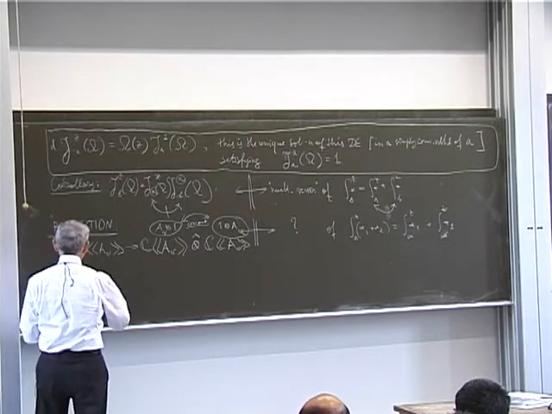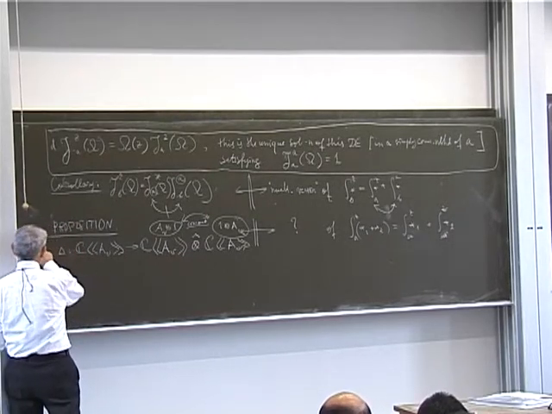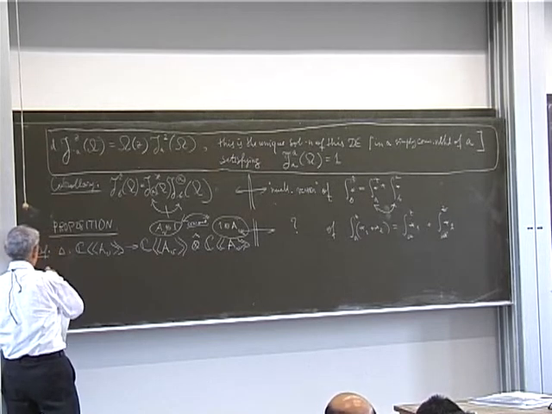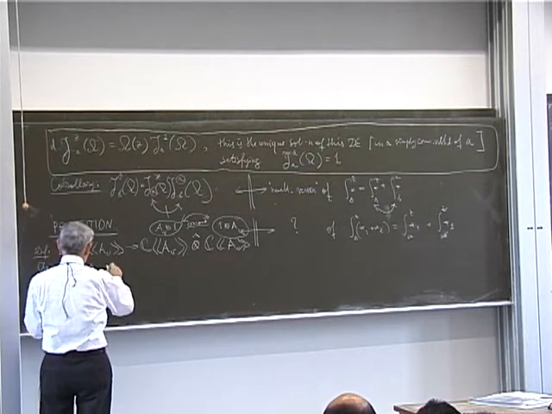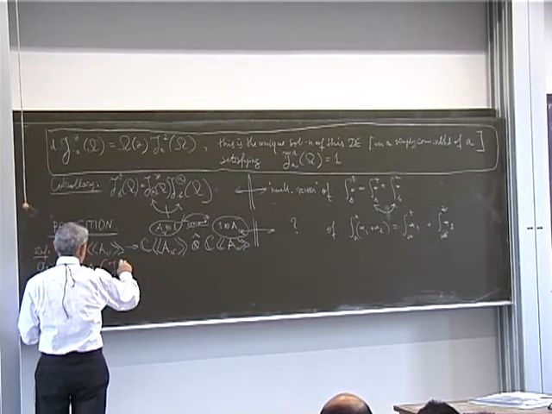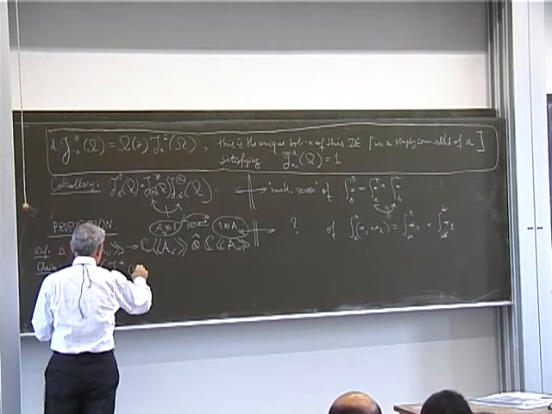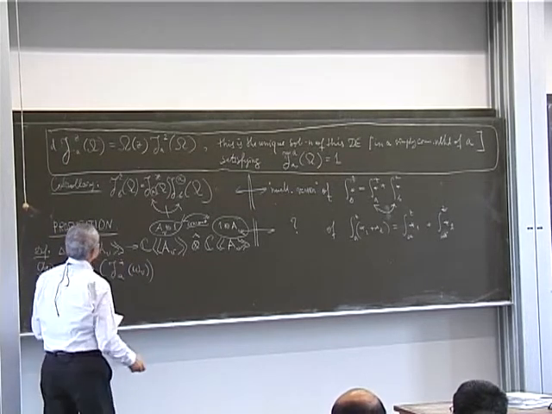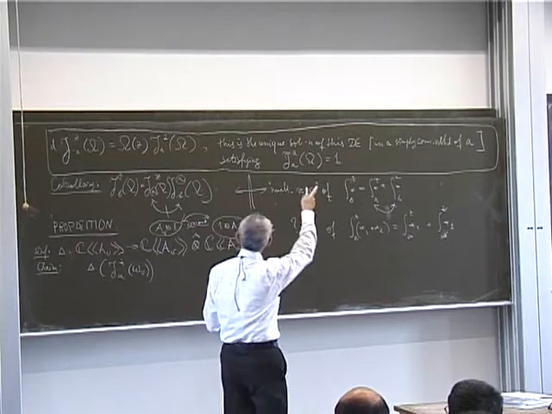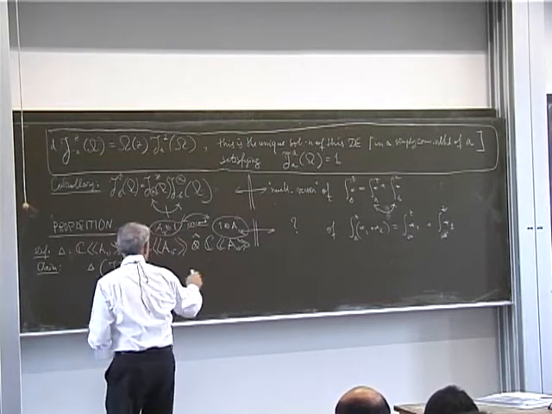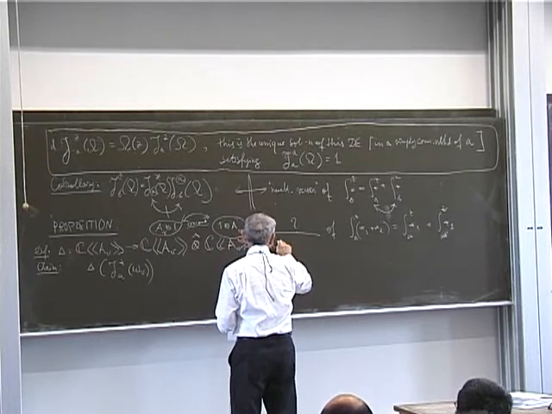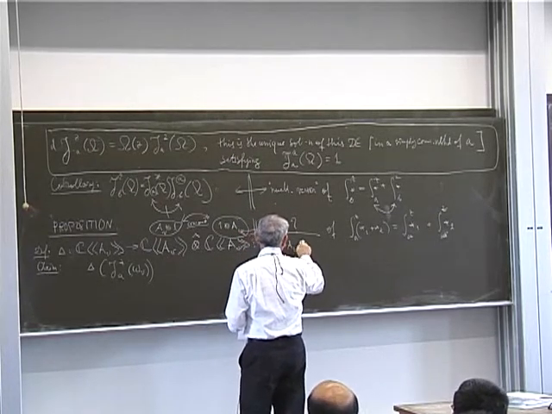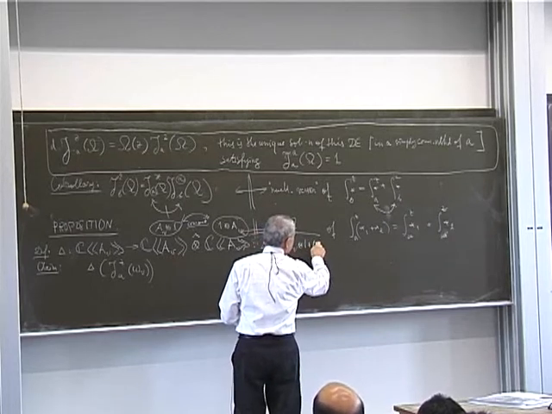And then, this is a part of a proposition which is a definition, and then the claim is that if I apply delta to the integral of this kind, so I simply replace each AV, delta of AV equals AV tensor 1 plus 1 tensor AV.